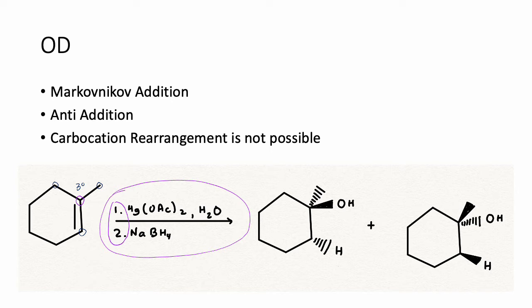And this carbon is secondary because it's attached to 2 other carbons. So this carbon is going to get the hydroxyl group and the other one's going to get the hydrogen. And notice how they are on opposite sides of the plane because we are adding via anti-addition.